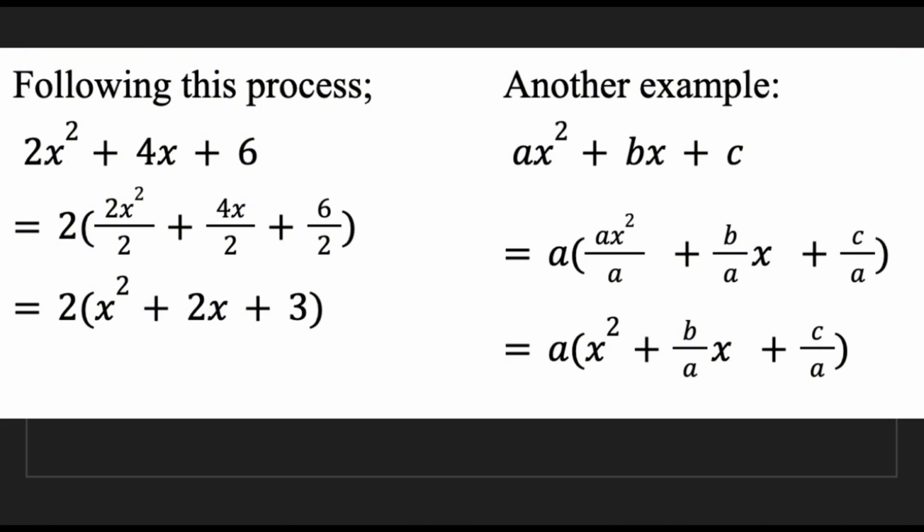So as you can see, after using this method, ax squared plus bx plus c, factoring out a factor of a, is simply a times parenthesis x squared plus b over a times x plus c over a. You are done.